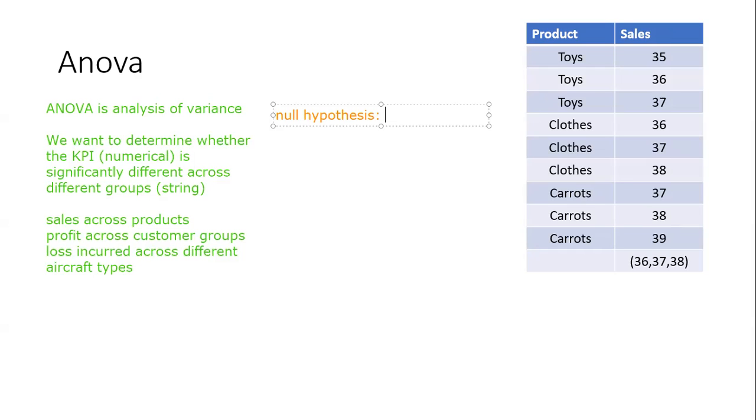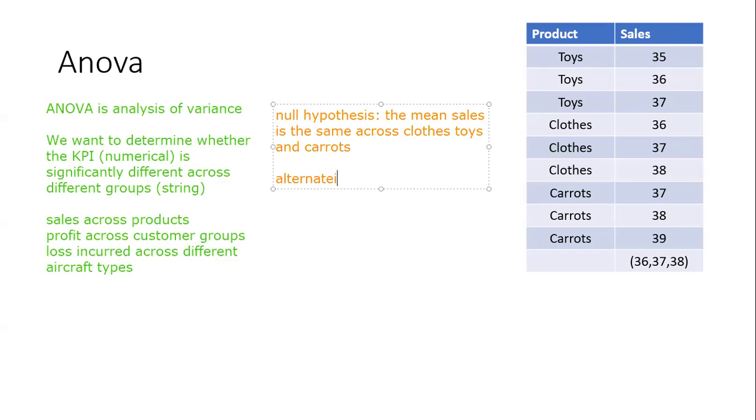So what will be the null hypothesis? The null hypothesis is that the mean sales remain the same across clothes, toys, and carrots.